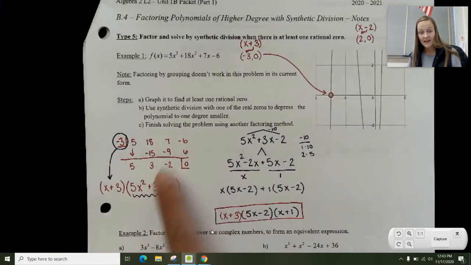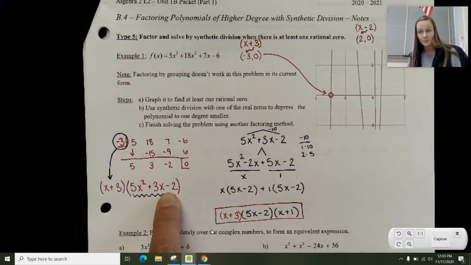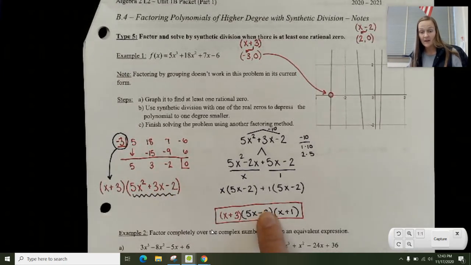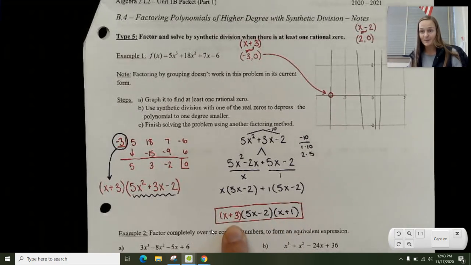I divided and I got 5x squared plus 3x minus 2. And then I factored that trinomial and I got 5x minus 2 times x plus 1. And I reincorporated the x plus 3. So I have 3 total factors in the end. So this is an example of factoring using synthetic division as a tool. And you do this when you cannot factor by grouping and you have the 4 terms.